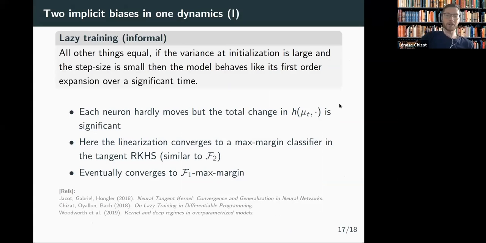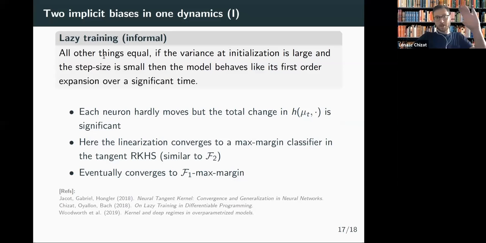Okay, so I will present a last phenomenon associated to the training dynamics of two-layer ReLU neural networks, which I find quite amusing. There is a lot of work which has been concerned with the following phenomenon, which I will introduce very informally to go fast, which we call the lazy training phenomenon.